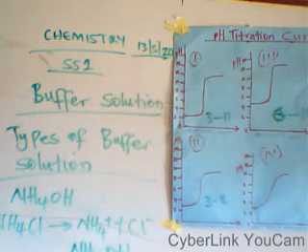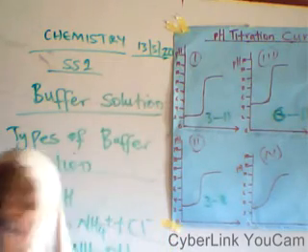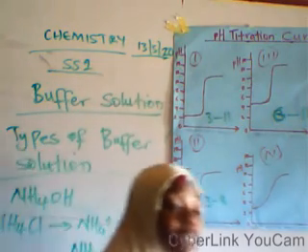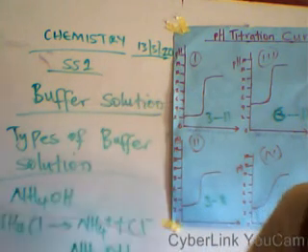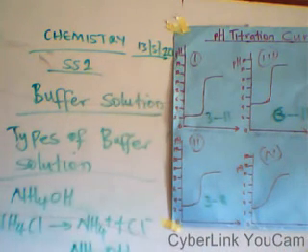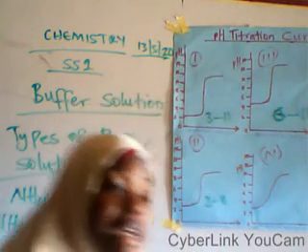Now, we have seen types of buffer solution. Let's look at the uses of buffer solution. One of the uses is in the industrial processing of food and drinks. We use it when we are producing food and drink.